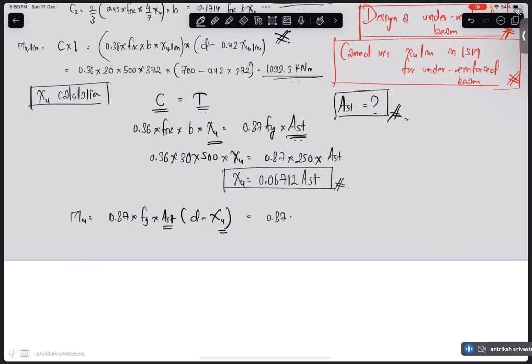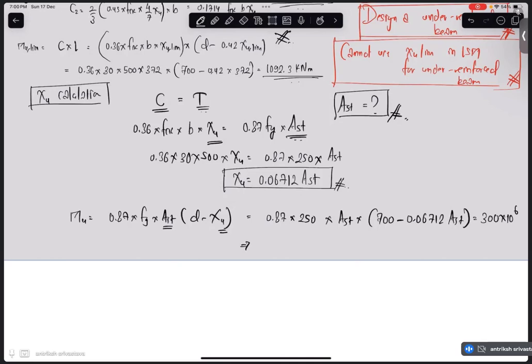So we have 0.87 into 250 into AST into 700 minus 0.06712 AST, and this is equal to 300 into 10 power 6.